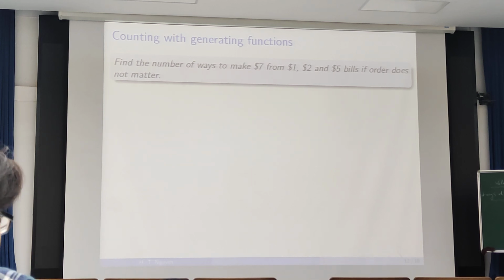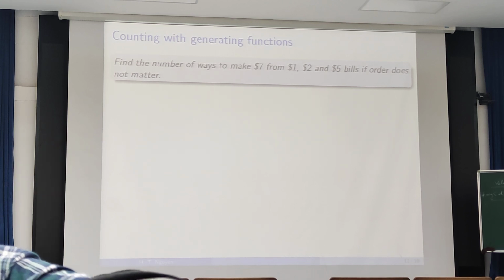You can use 0 notes. Number of ways: 1. If you want to make a sum of $1 using only this note, then there is only one way. To make a sum of 2, there is only one way, two notes, because here the order of the notes doesn't matter. And so on.